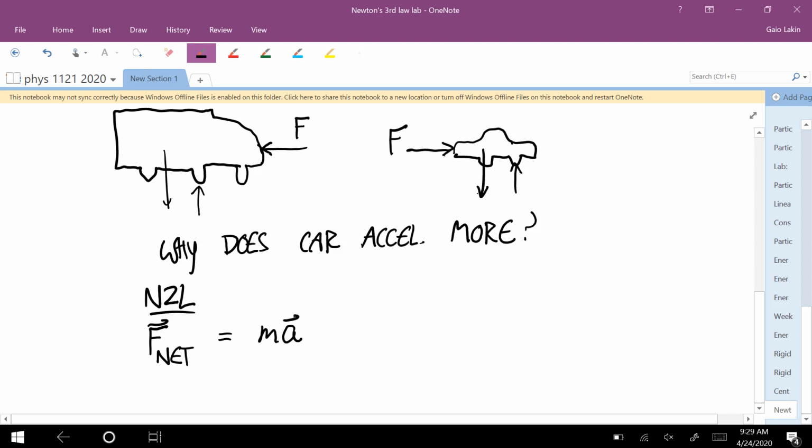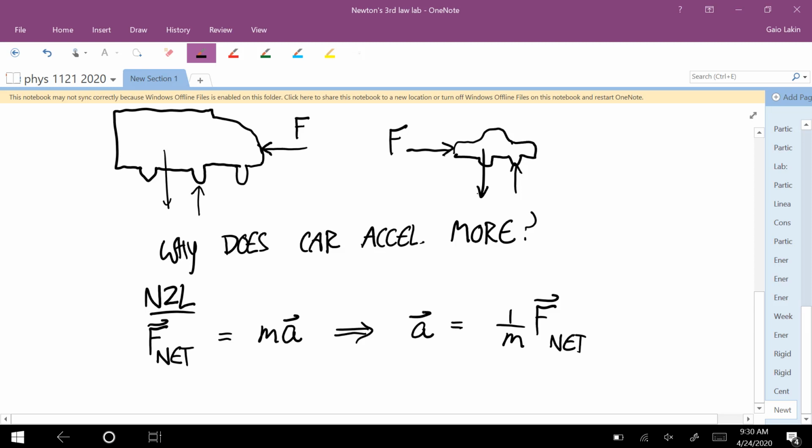Okay, well, what's the mass of the truck? It's really big, okay? And so if you rearrange this to calculate the acceleration, you get 1 over m times that F net. So let's say that horizontal component of F net is the same in both of these. We know it has to be. What's the acceleration for the truck?